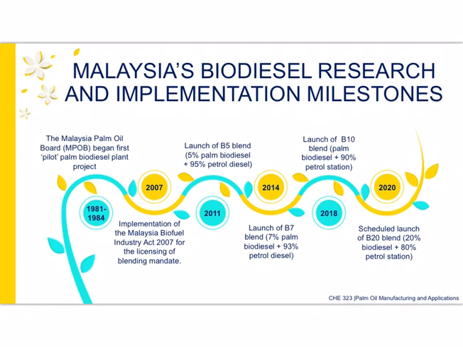So here we can see the progress or the implementation milestone of Malaysia biodiesel research. Actually it starts from 1981 to 1984, where the Malaysian Palm Oil Board began the first pilot palm biodiesel plant project. And in 2007, the implementation of the Malaysia Biofuel Industry Act 2007 for the licensing of the blending mandate.